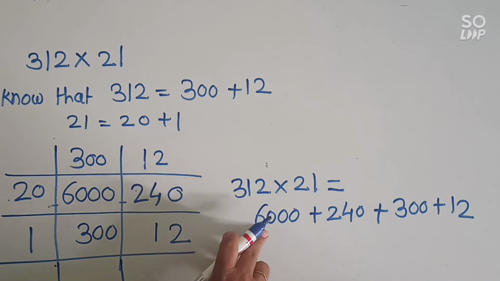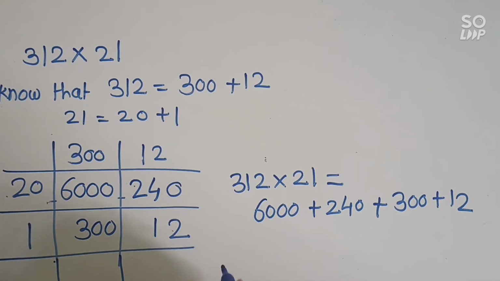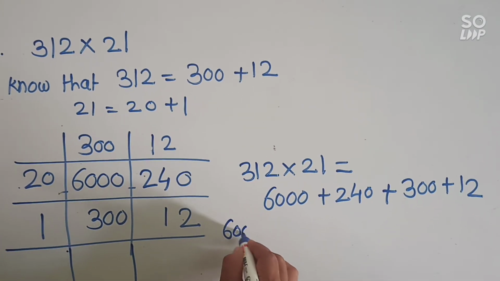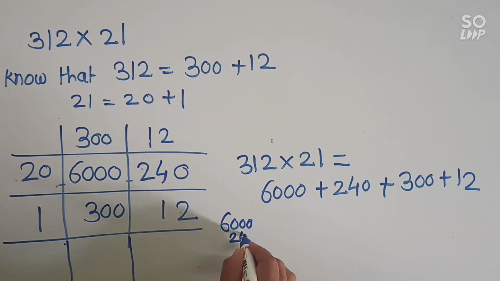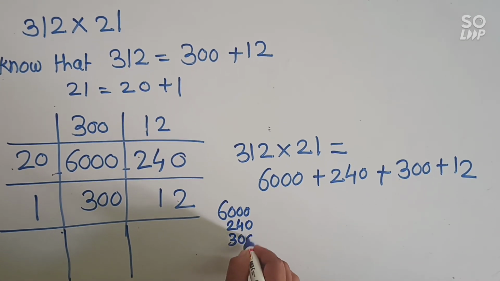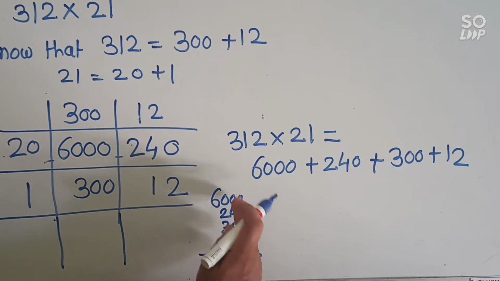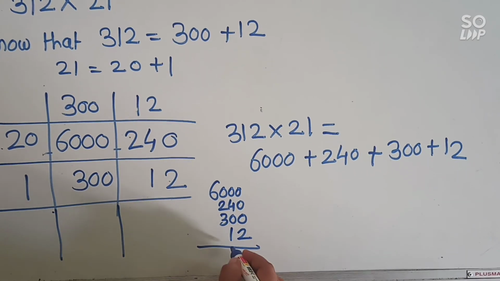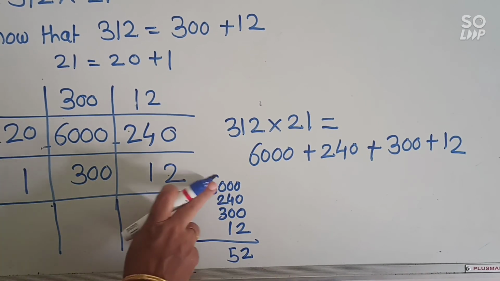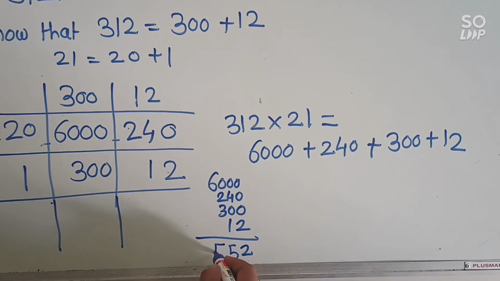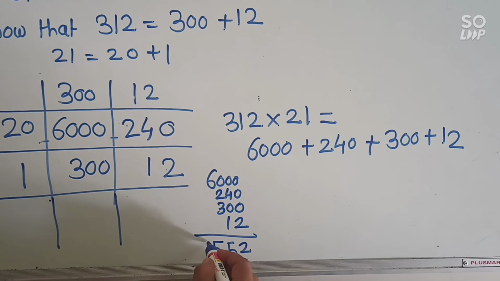Okay, and this roughly we have to do, 6000, 240, 300 and 12. Okay, ones place 2, tens place 4 plus 1 is 5, 100 place 2 plus 3 is 5, and 1000 place 6.